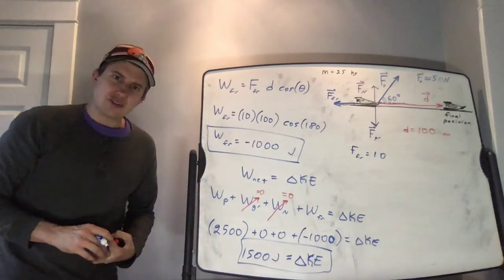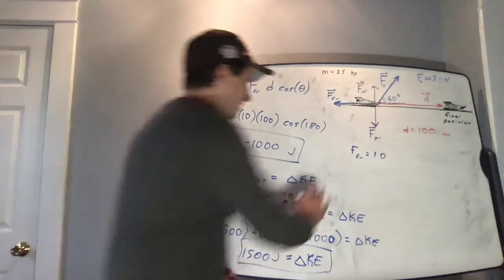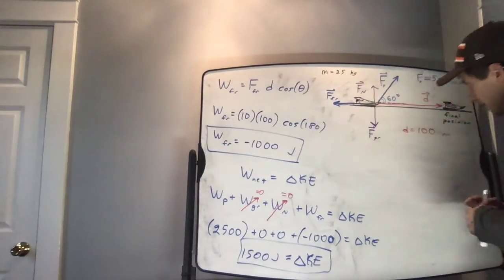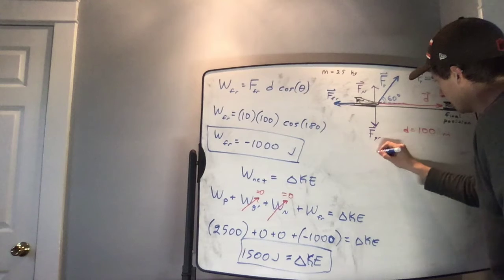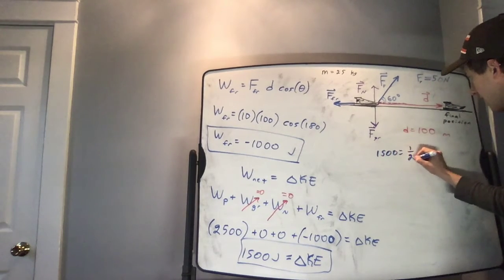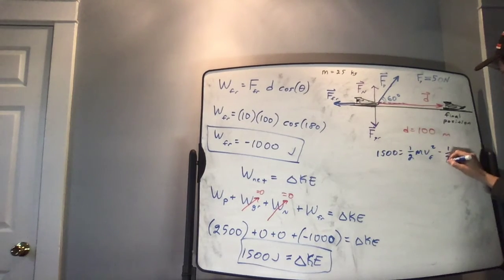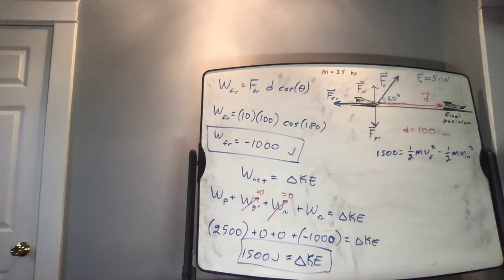So to find the final speed of the sled, I do everything as I did before. I could say that 1500 is equal to 1/2 m v final squared minus 1/2 m v initial squared. Now, v initial we said was 0 before because the sled initially begins at rest, so that gets rid of this entire term.